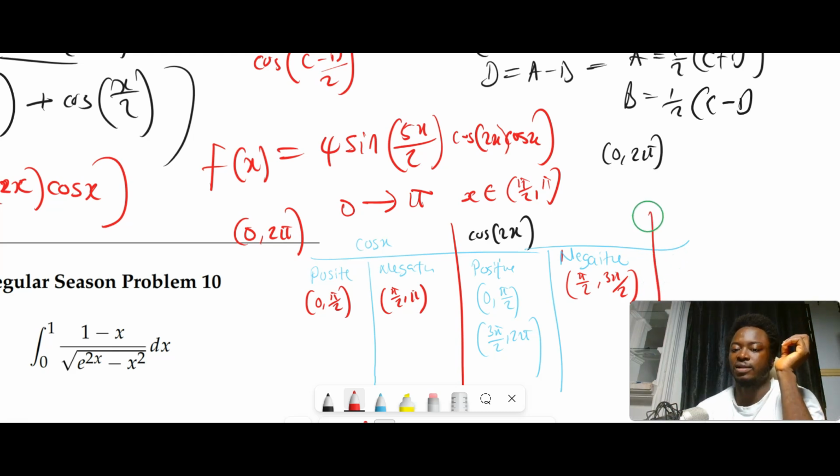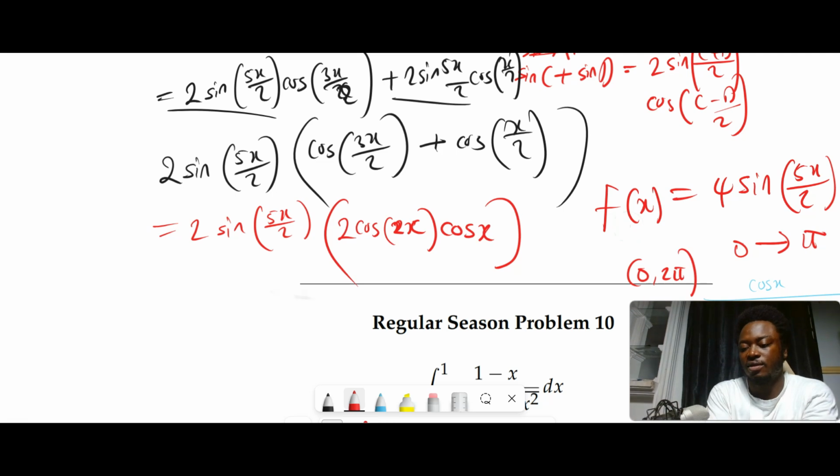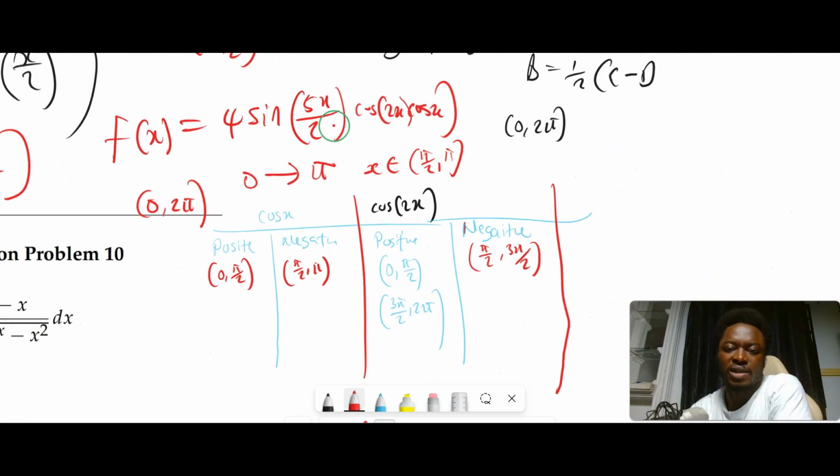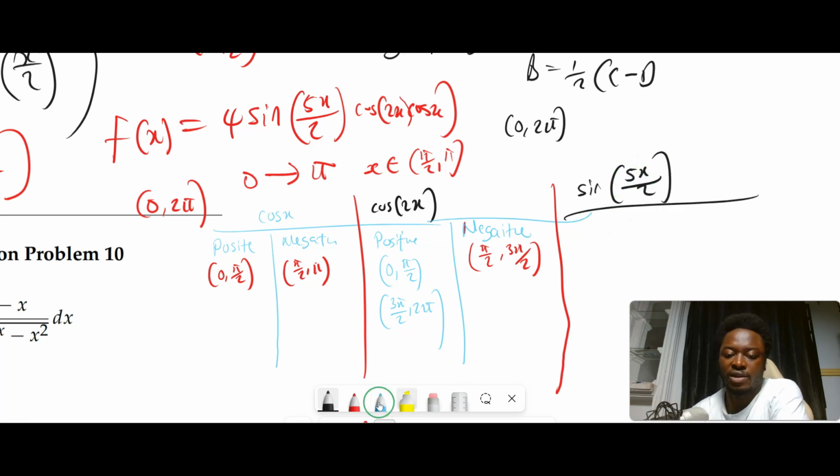Now what about the last function that appears? We're looking at sine of 5x over 2. When is it positive and when is it negative?